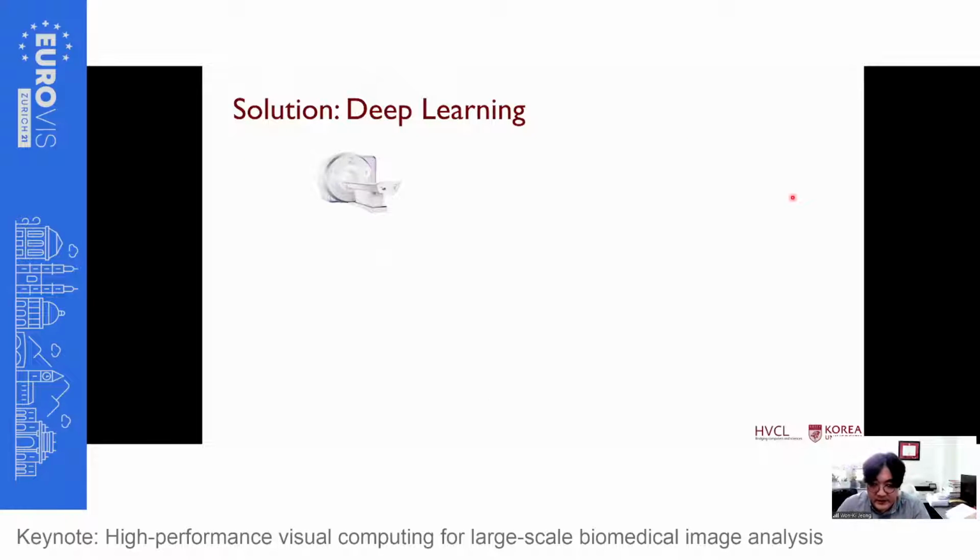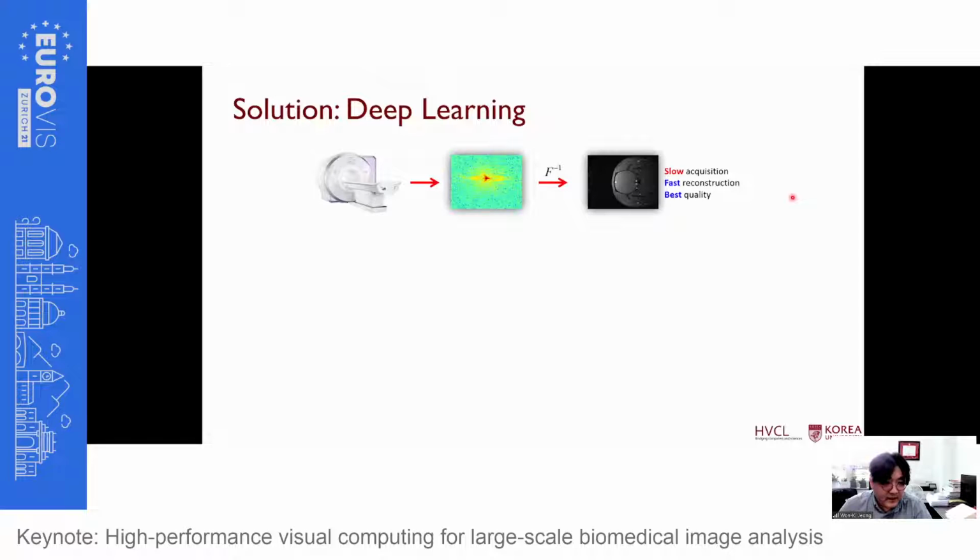The other direction that we are interested in these days is using deep learning. People usually think deep learning makes good results or does something automatically based on the data, right? But in our lab, we also think deep learning can be used as a really fast accelerator. One example that I'm showing you here is MRI.